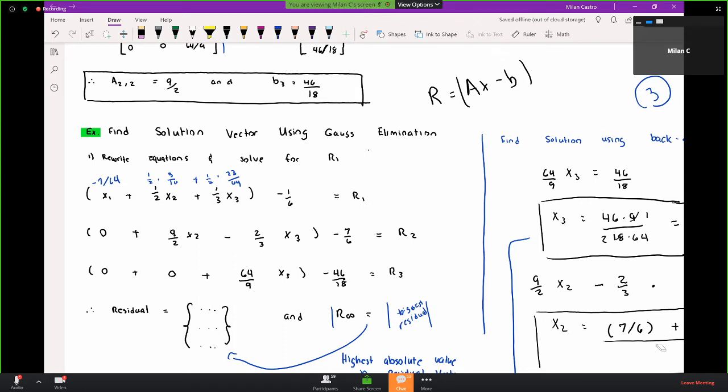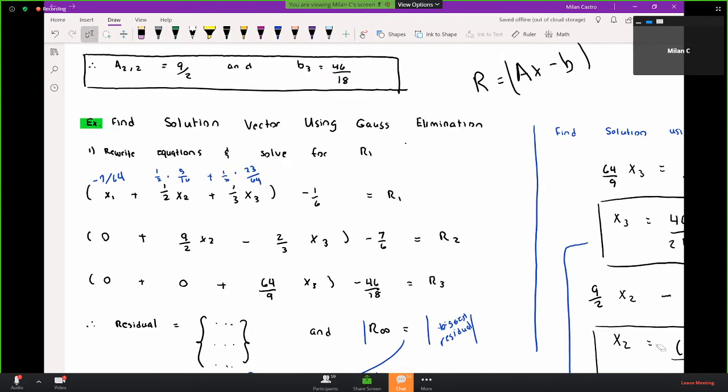Okay, so now let's do this. R1 is -7/64 plus 5/32 plus 23/192, and we'll use 192 for everything.